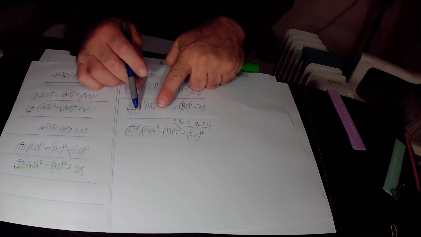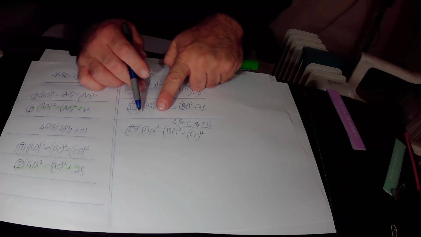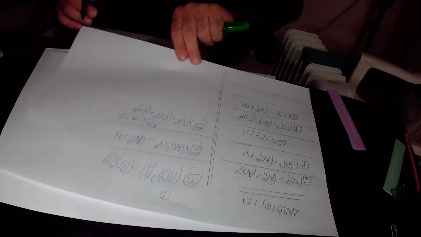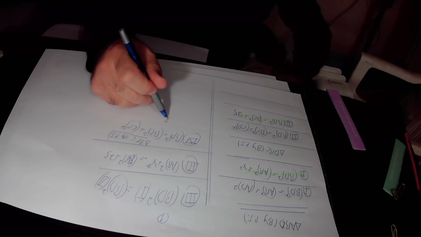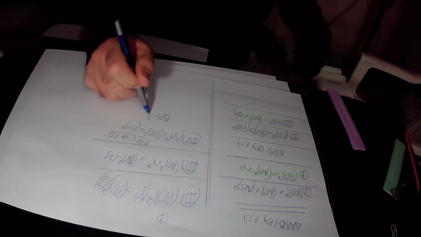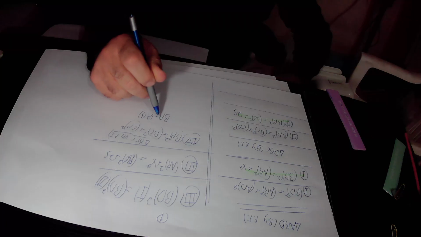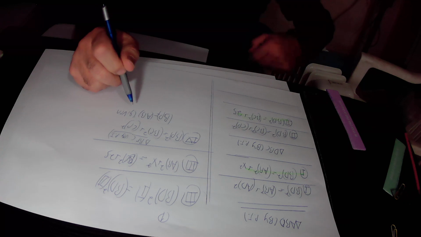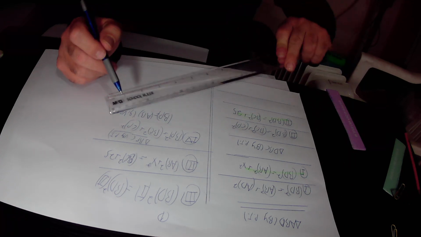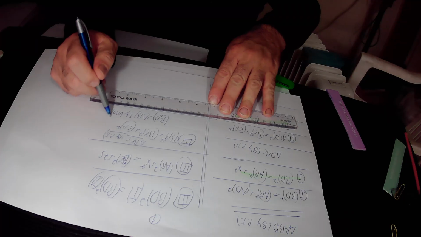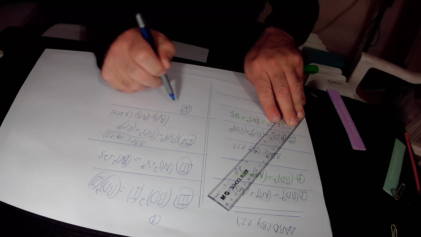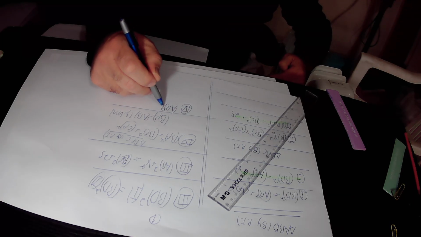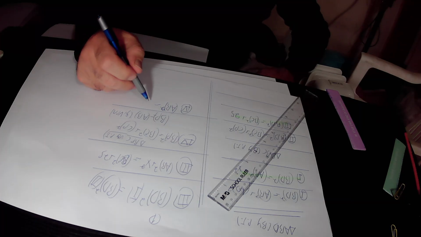We substitute BP squared in equation 4 by AB squared. So according to equation 4, AB squared equals BC squared plus CP squared.